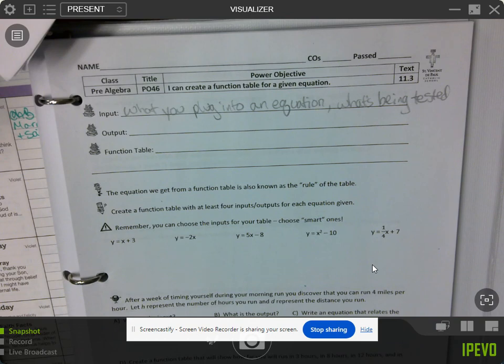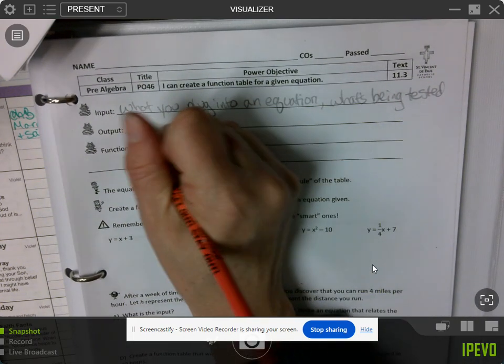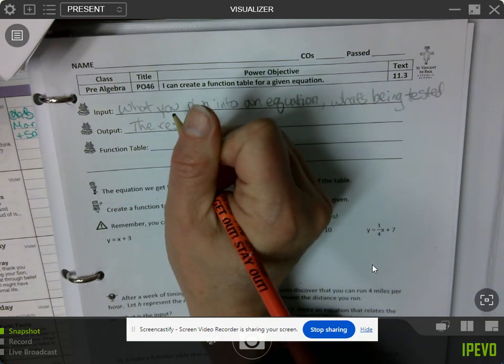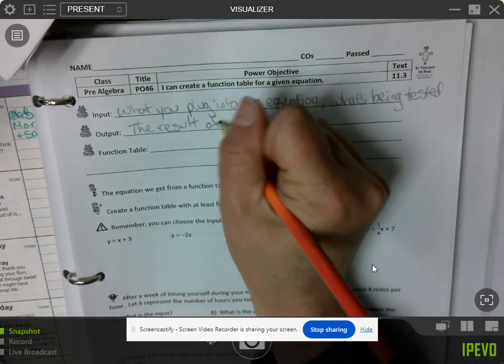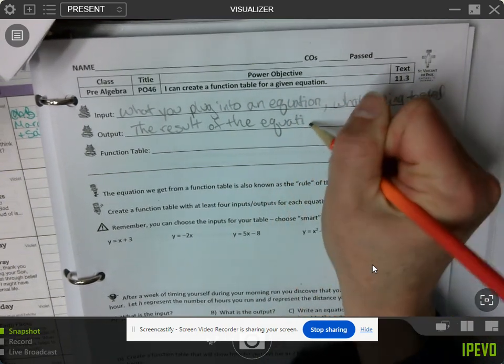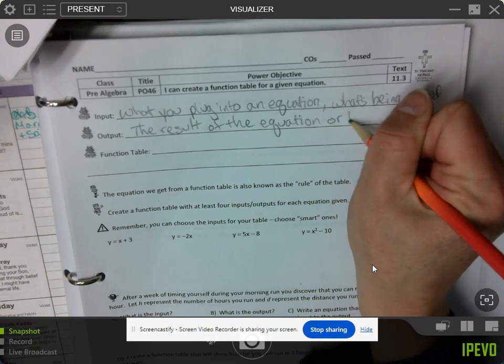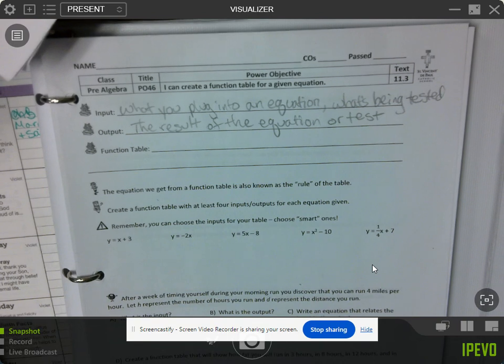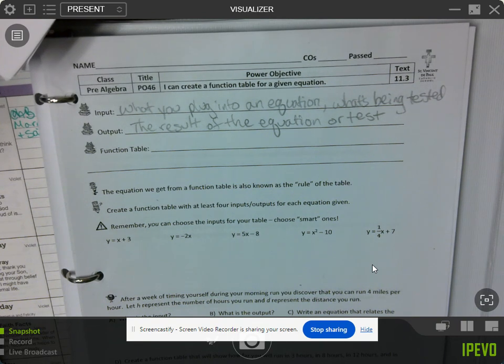So we put something in, we're going to get something out. The output is the result of the equation or test. So input is what you put into the equation. The output is that final result, what you get out of it.